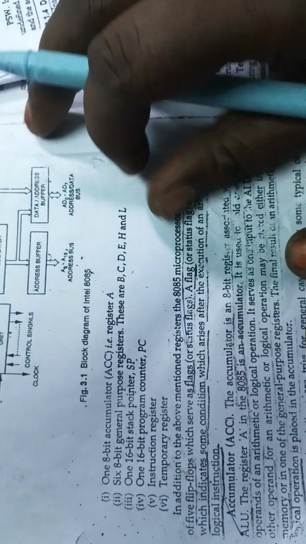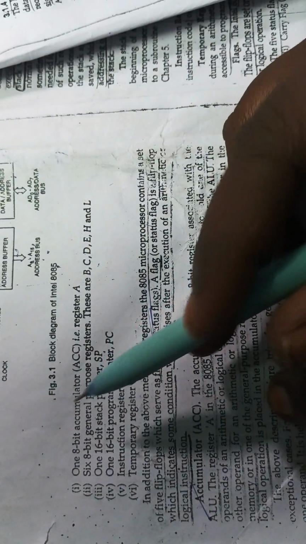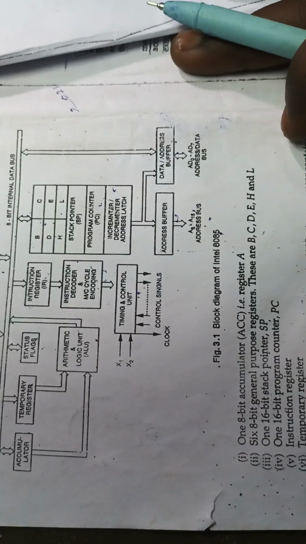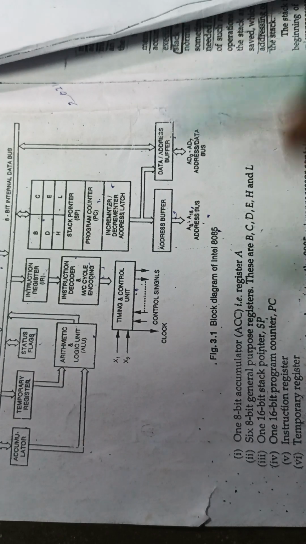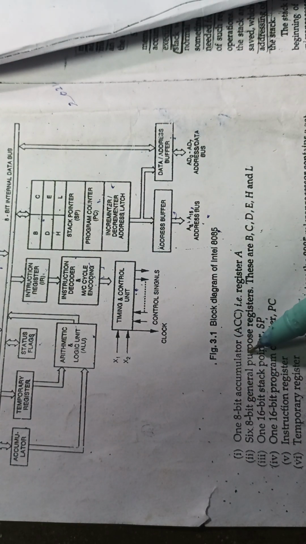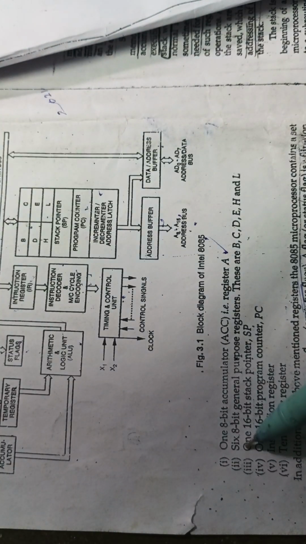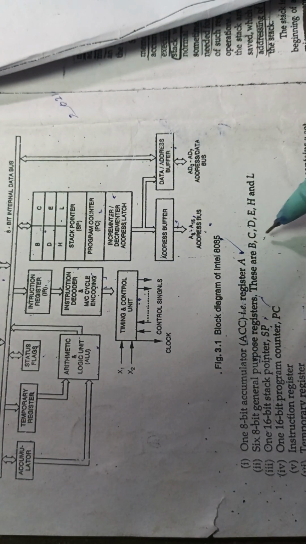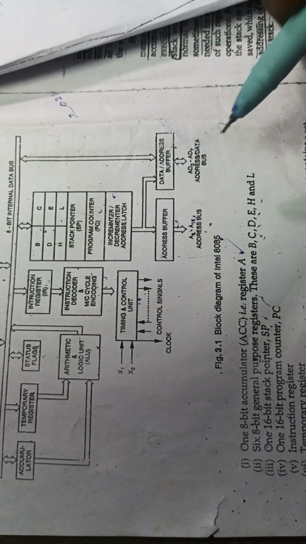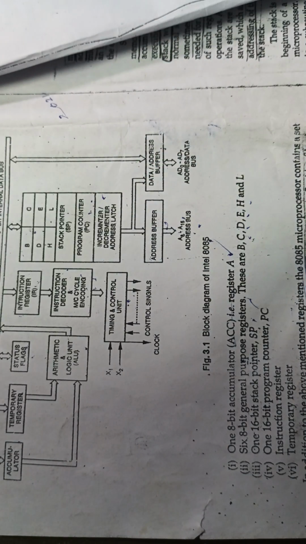Here I have already said, in this diagram, just look at the diagram. One 8-bit accumulator is also known as register A. And six 8-bit general purpose registers, here 1 2 3 4 5 6 general purpose registers, these are B, C, D, E, H, L. And one 16-bit stack pointer, one 16-bit program counter, and the instruction register.